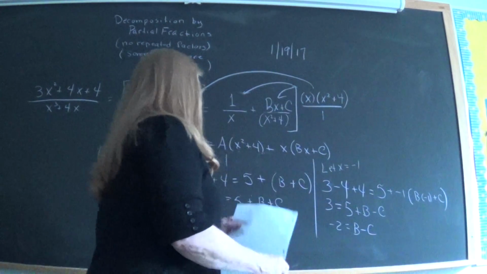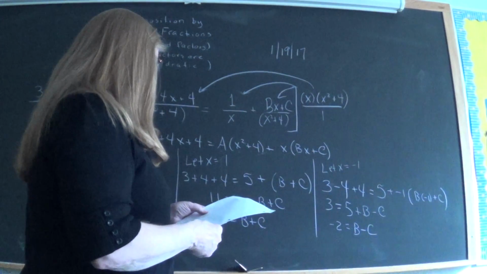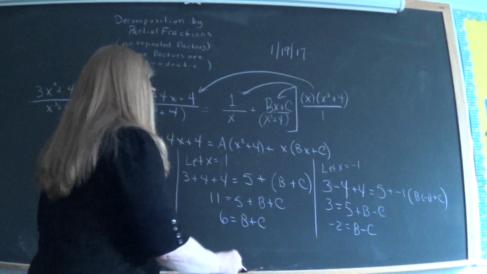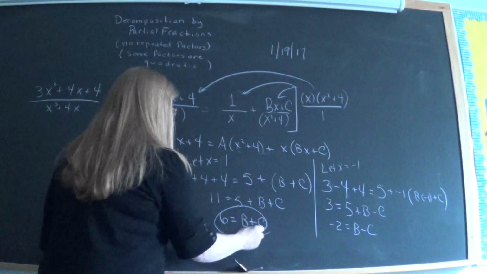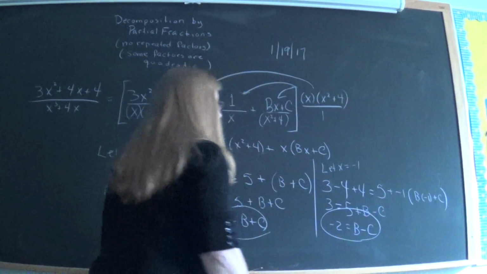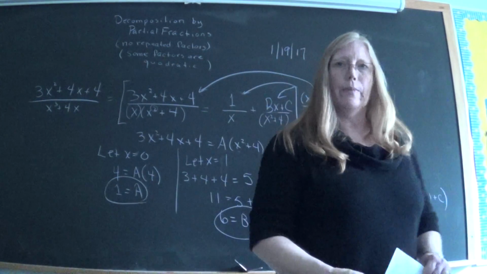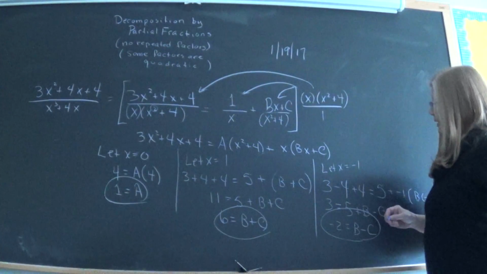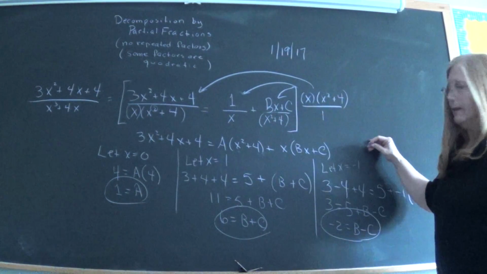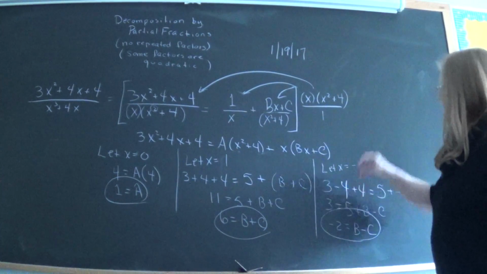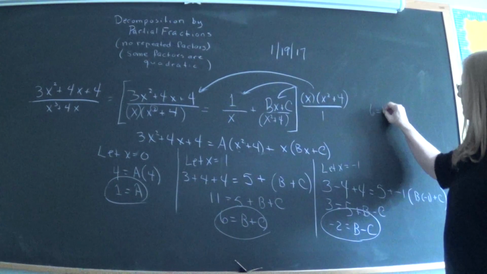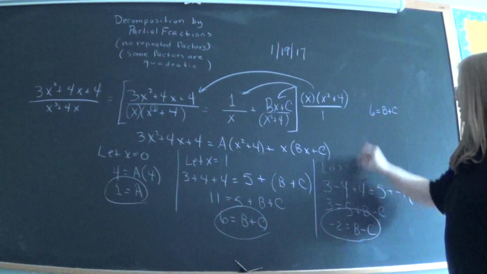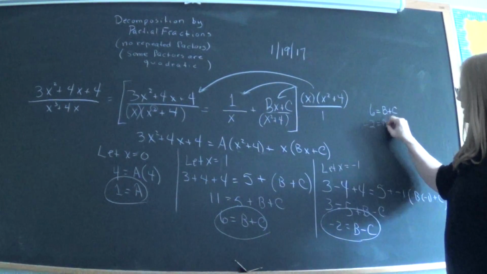That's not enough information either. So what I do is I combine these two statements. I have two equations and two unknowns, and I'll find a spot on the board where I can work with those. Let's see if it'll show up here. So I'm going to write this one first. 6 equals b plus c, and minus 2 equals b minus c.